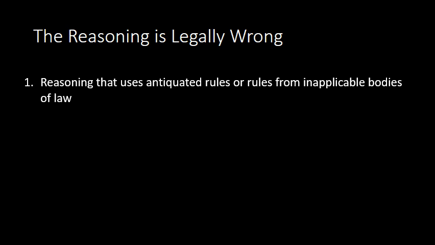We might see the Model Penal Code versus common law. We might see a majority versus a minority rule. So as opposed to using something from a completely different class, you're likely to see something like a jurisdictional split or a rule that isn't used in a particular situation.